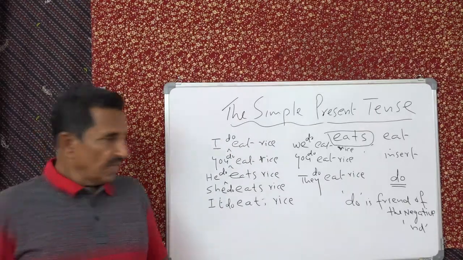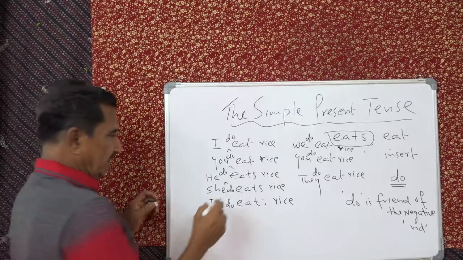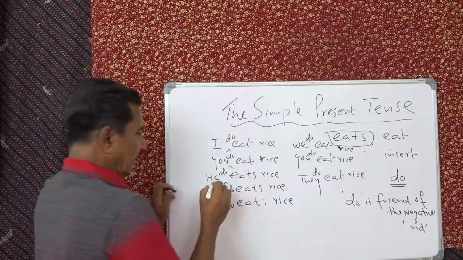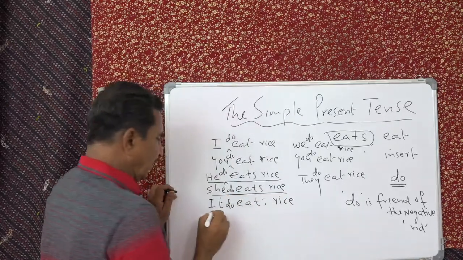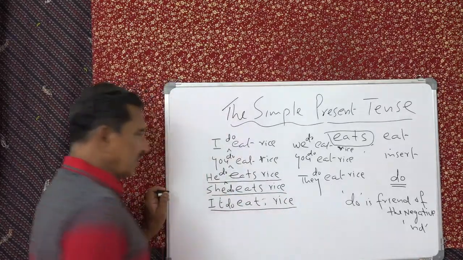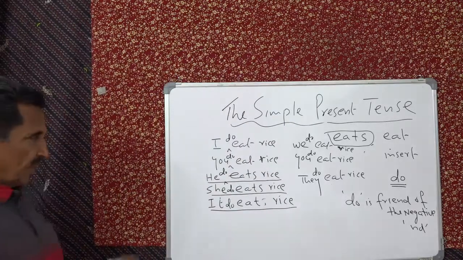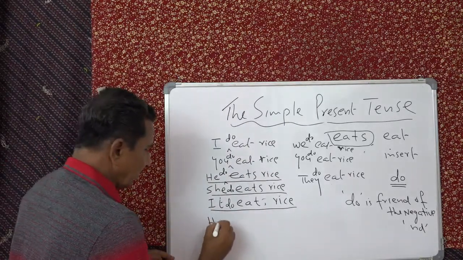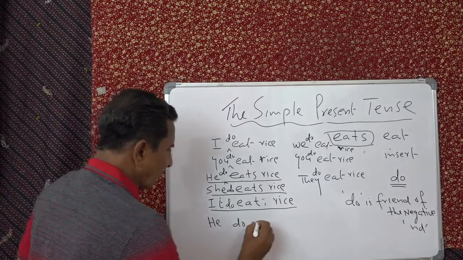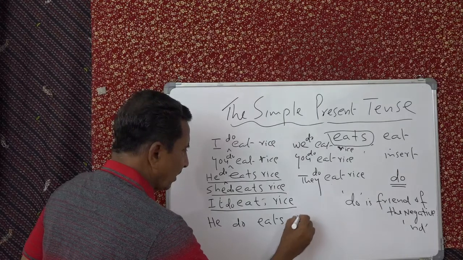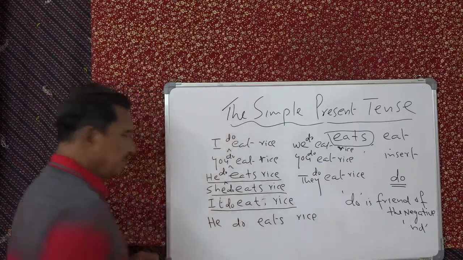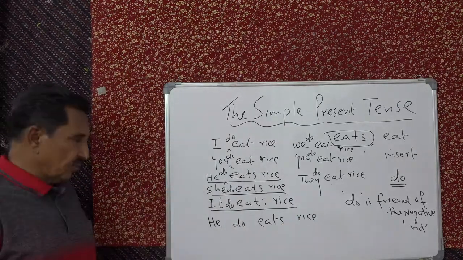See that? But when you come here, see this area here, you will find there is a problem. Not a problem, but a very interesting situation. He do eats rice. Like she also, and it also.